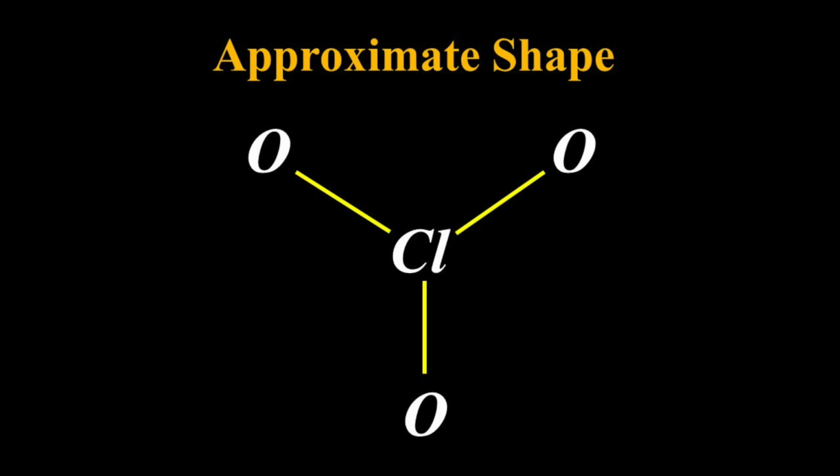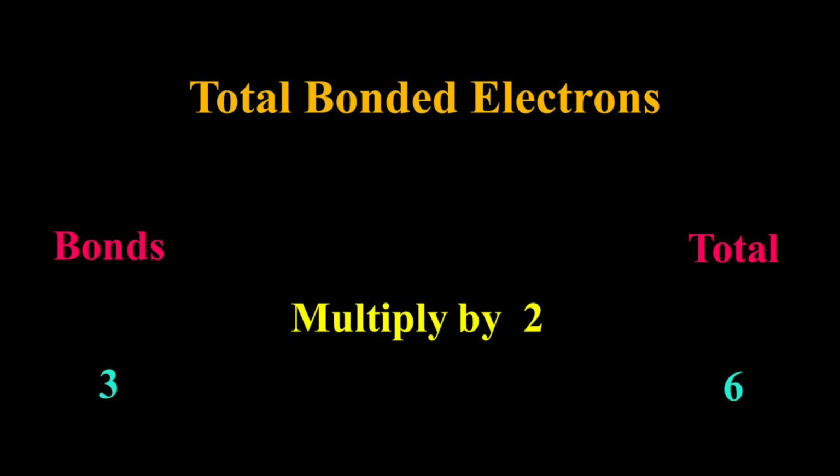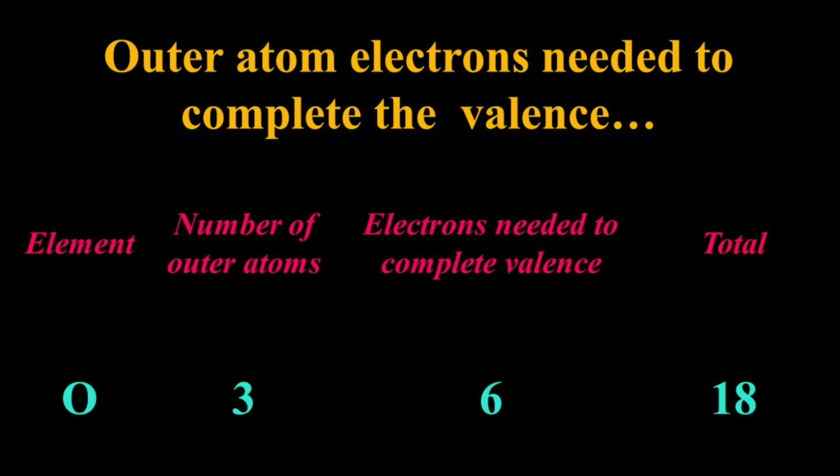So we're going to have 6, 6, 6, and then 7, and then 1, which is 26. And we're going to minus 6, that'll bring it down to 20. And then we'll have minus another 18 because of the 3 outer atoms.